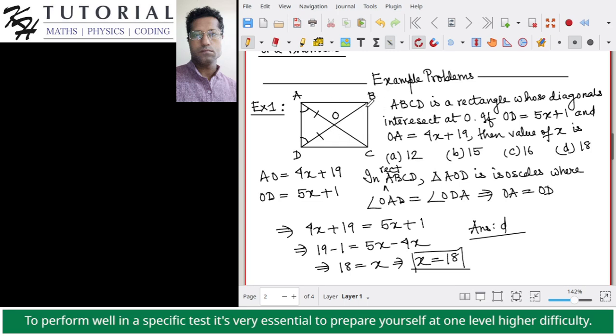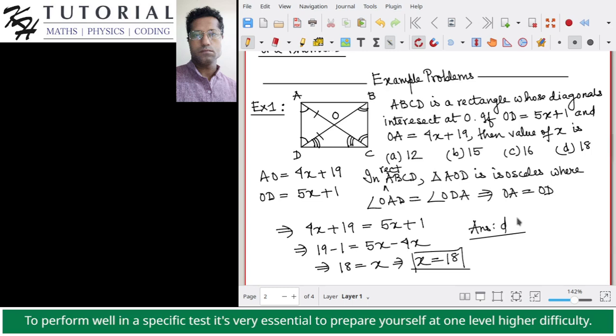As you can see, this angle will be equal to this angle, and also this angle will be equal to this angle, and similarly we will have for triangle AOB, the angle ABO will be equal to angle OBA.